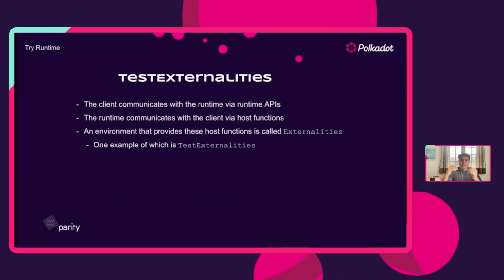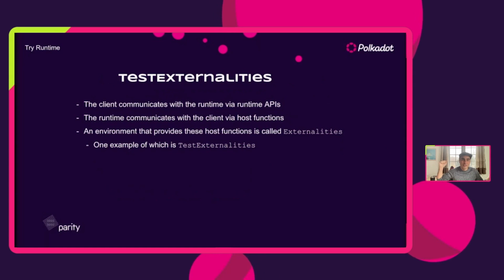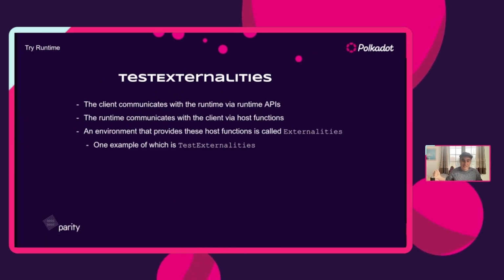The idea is that we have this layer of test externalities that will have our live chain state that we can write unit tests against, essentially. That's pretty cool. Imagine with Try Runtime, you could get Polkadot state or your parachain's live chain state and write unit tests against that state.